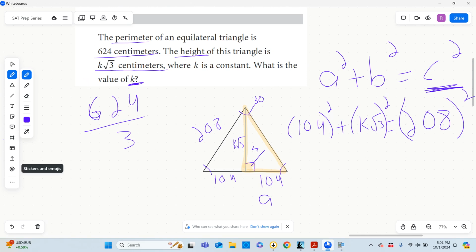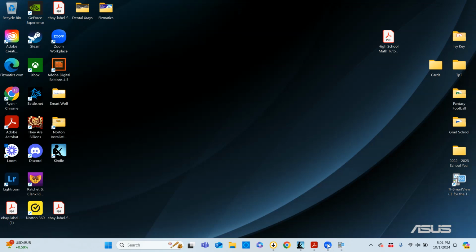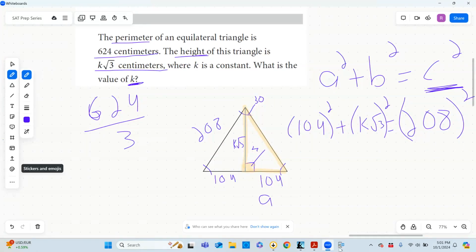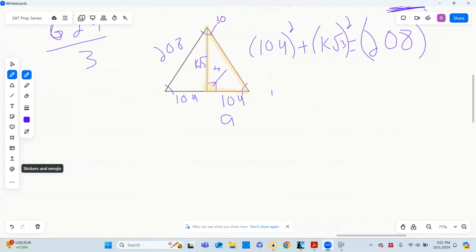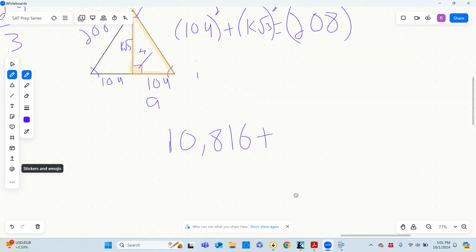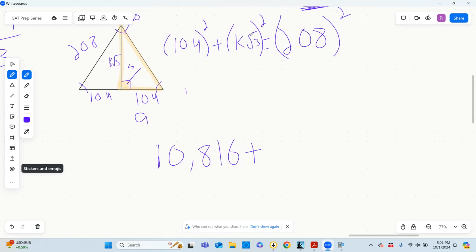Alright, we're just going to wait for the calculator to clear out here. Oops, I already forgot what that answer was. 10,816. So I have 10,816 plus k squared, which is just k squared.